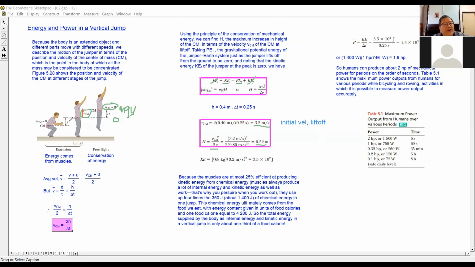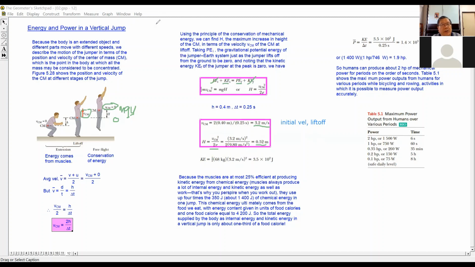All this initial velocity comes from the food, chemical energy converted into the energy stored inside the muscles, and from the muscles it is converted to kinetic energy. So this is the first stage. During the second stage, the kinetic energy gained is converted into potential energy. This is the calculation for kinetic energy converted into potential energy. From there, we can see how high he can jump, right?